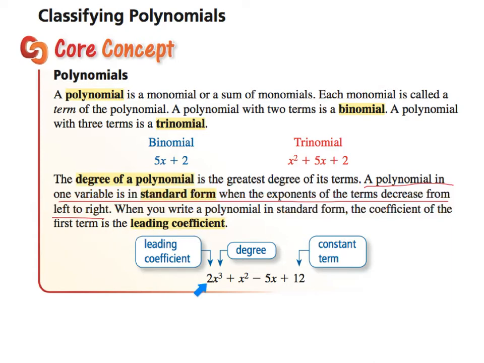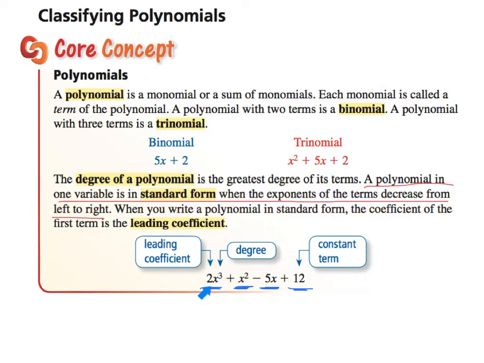So let's look at this. This right here is a polynomial with 4 terms. Here's a monomial. This is important that you get this. Monomial, monomial, monomial, monomial. You have 4 of them. Because the highest degree is 3, that means that the degree of this entire polynomial is 3.